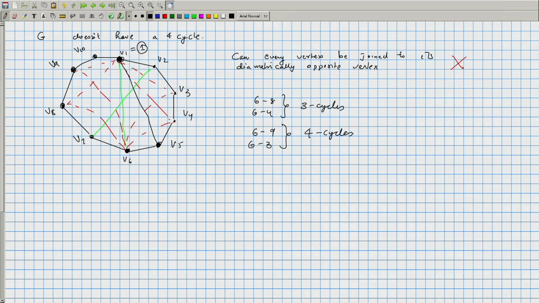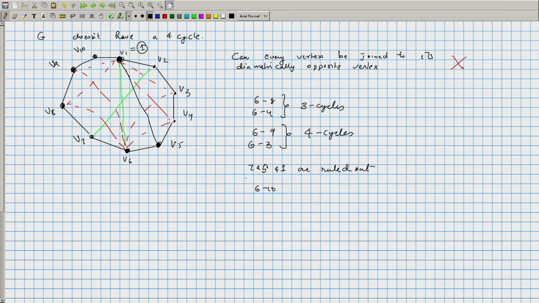So, they cannot, because V6, V9, V8, V7 forms a 4 cycle. So, the only remaining vertices are, so V7, V5 anyway are connected, they cannot be considered. So, 7 and 5 ruled out, 7, 5 and 1 are ruled out. Okay. So, the only remaining vertex is 10.